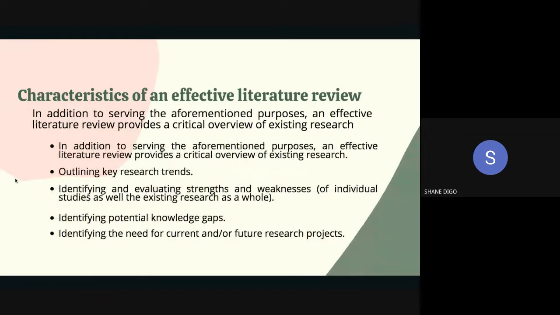Characteristic of an effective literature review. In addition to serving the aforementioned purpose, an effective literature review provides a critical overview of existing research, outlining key research trends, identifying and evaluating the strengths and weaknesses of individual studies and existing research as a whole, identifying potential knowledge gaps, identifying the needs for current and or future research projects.